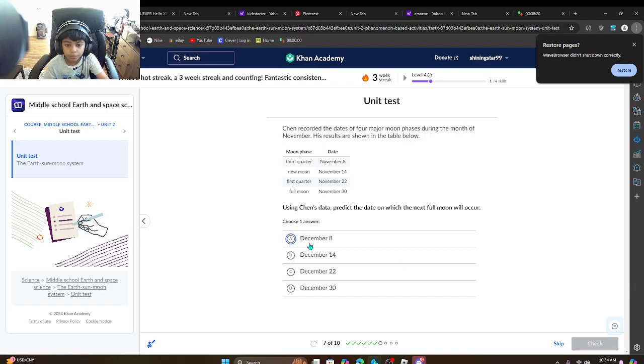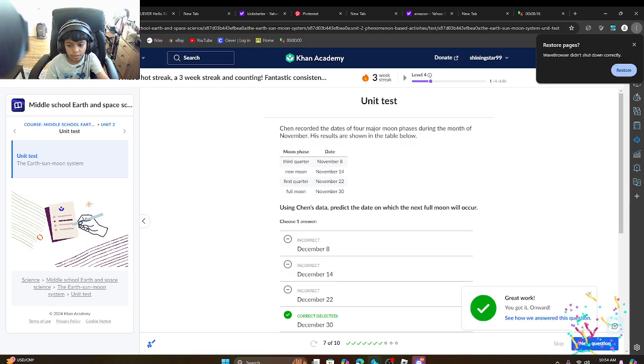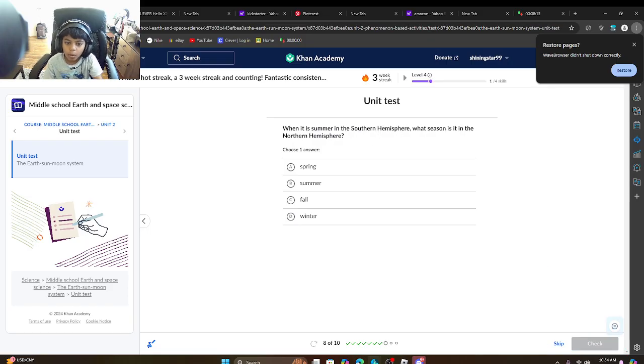So then first it's going to be December 8th. So December 30th. Yeah, easy. When it is summer in the Southern Hemisphere, what season is it in the Northern Hemisphere? So then that means it's winter.